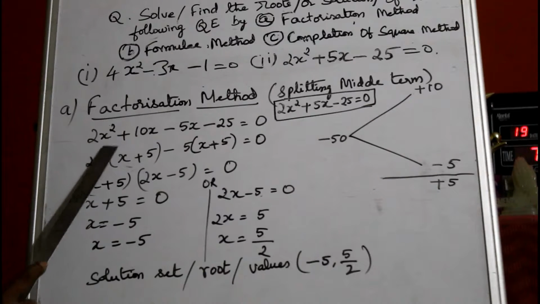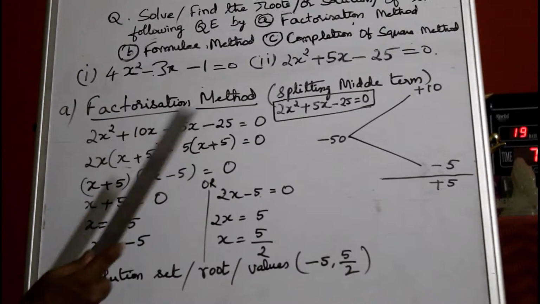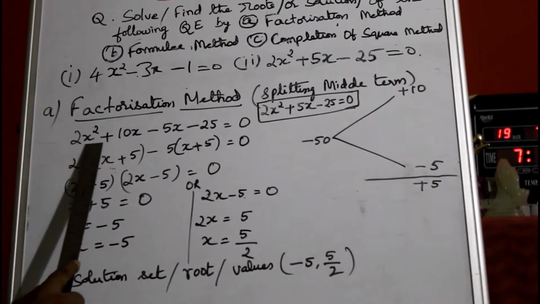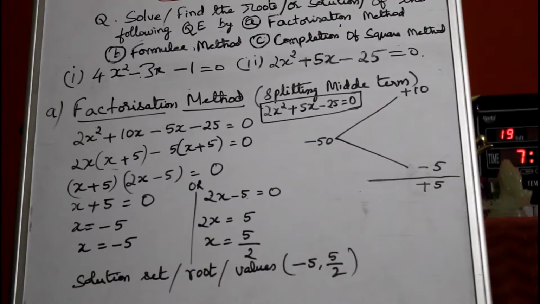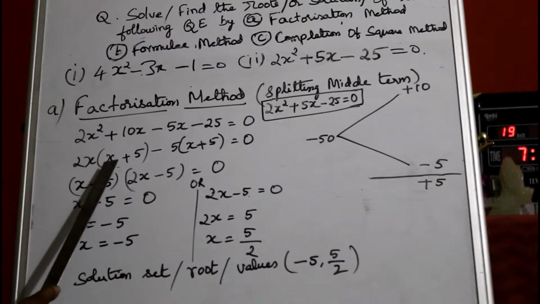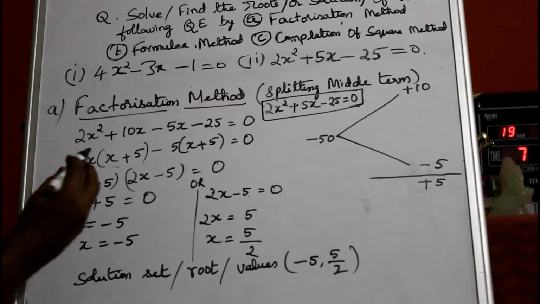Now in the first two terms, 2 is a constant, and x is also common. Remember, 2 and x are common in the first two terms, so you can group these two terms. When you take 2x common, you get x plus 5.